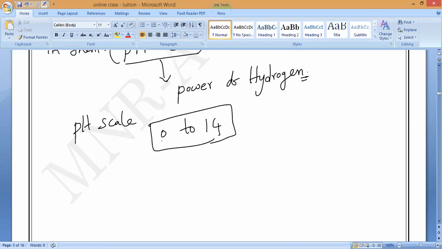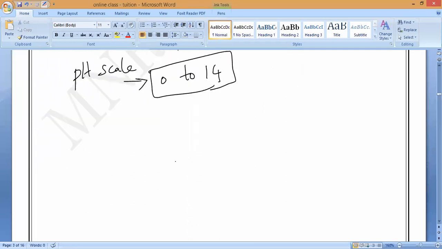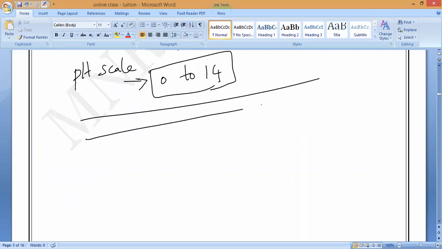It is from 0 to 14. All of you should remember. Now let me imagine this is the pH scale, like our general scale: 0, 1, 2, 3, 4, 5, 6, 7, 8, 9, 10, 11, 12, 13, and let me take one more, 14.